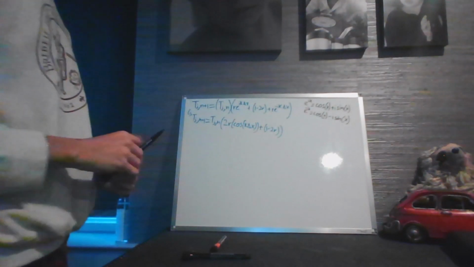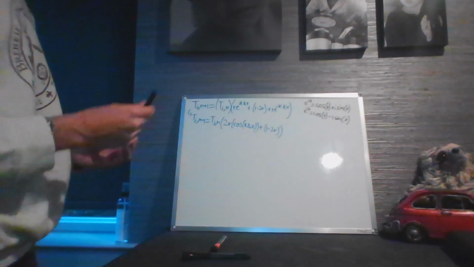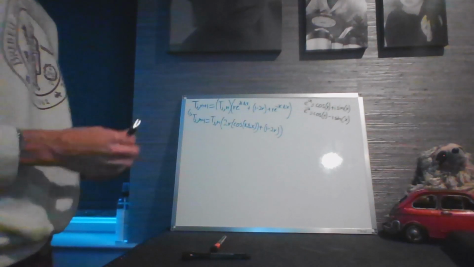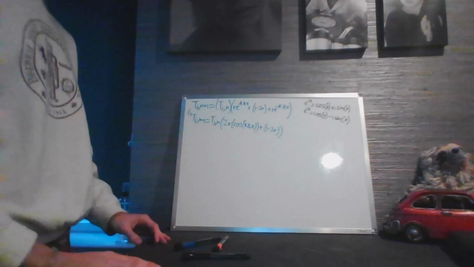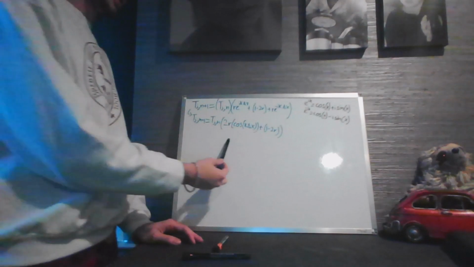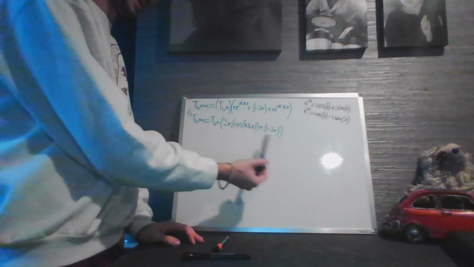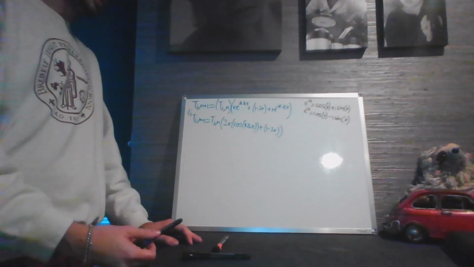And then from here, we're pretty much there, right? As you can see, we've gotten to this point of 2r cosine k delta x plus 1 minus 2r, and we're going to have these two values.